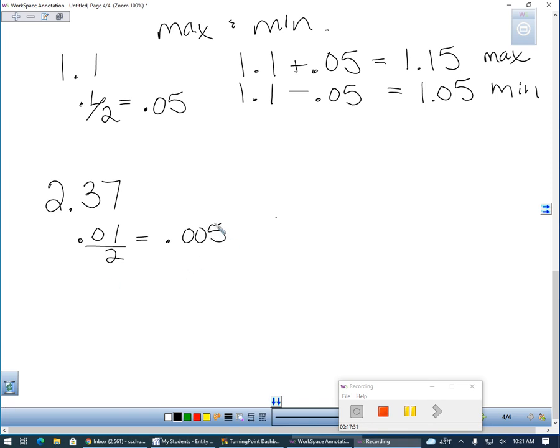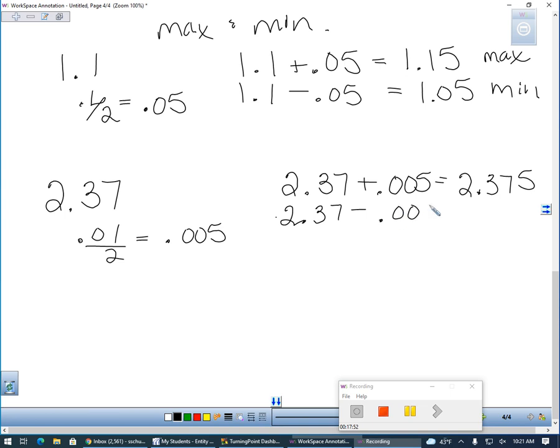So then we would add 0.005 and subtract 0.005. So 2.37 plus 0.005 is 2.375. 2.37 minus 0.005 is 2.365.